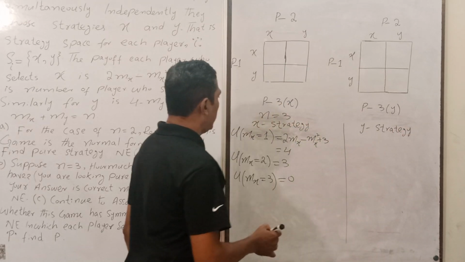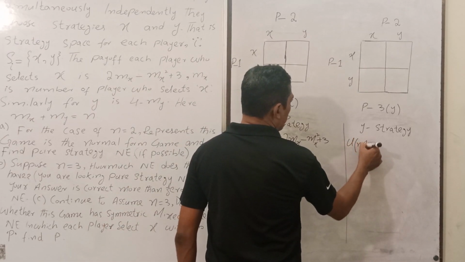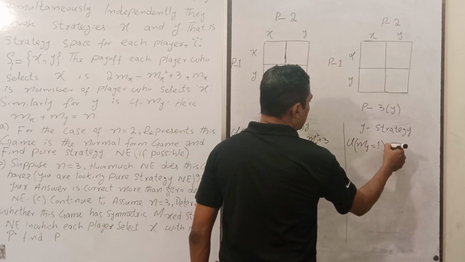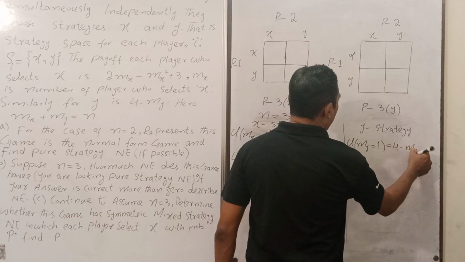Clear? Okay. So again, u of my equal to 1, that was 4 minus my.